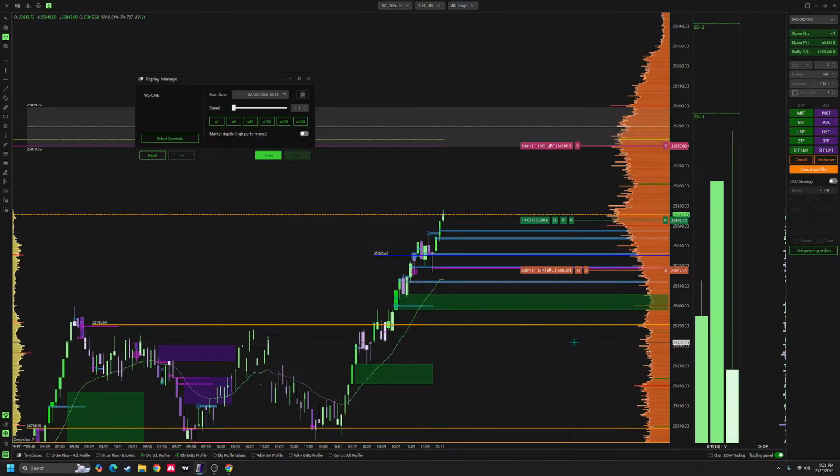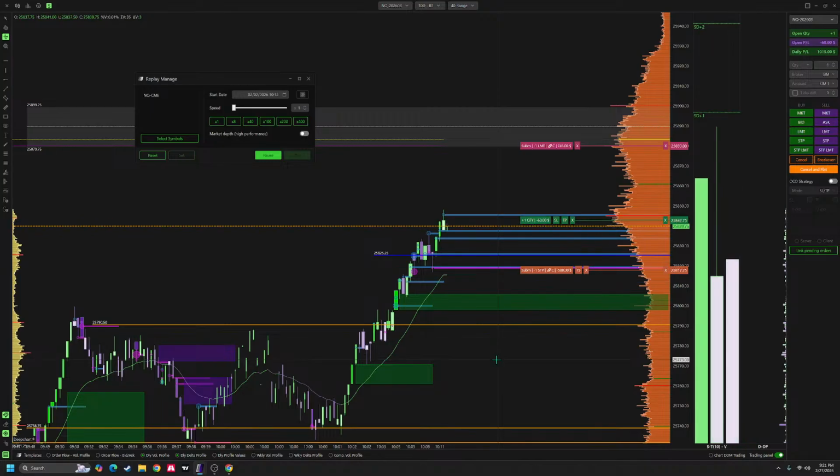So this is why I love this program. It's just the speed of it, the way I can set the indicators up, the way I can have everything visually appealing, and using the aggregated trades is actually the key. I use it for a lot of different indicators. This is just one of the templates that I use.